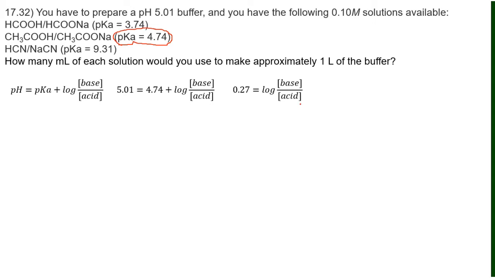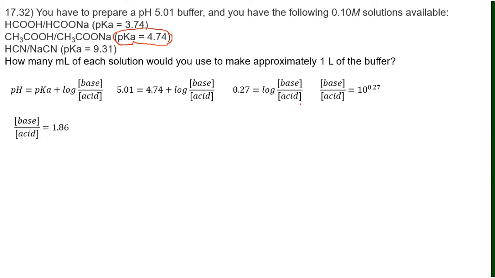Now we can find what that ratio is by doing the reverse of the log, so 10 to the power of 0.27, for a ratio of approximately 1.86 base to acid.